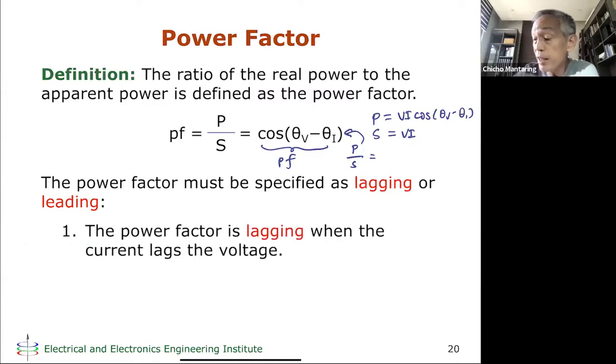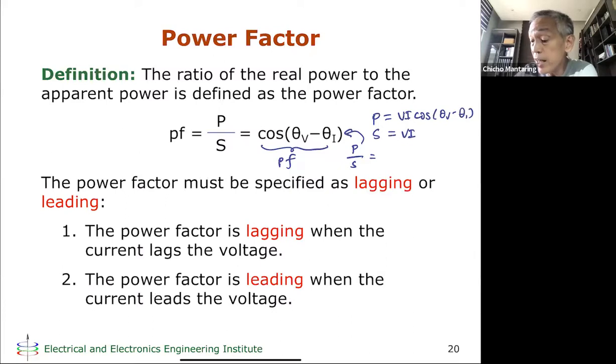The power factor is lagging when the current lags the voltage. When the current lags the voltage, theta I is negative with respect to theta V. And the power factor is leading when the current leads the voltage. When the current leads the voltage, theta I is greater than theta V.